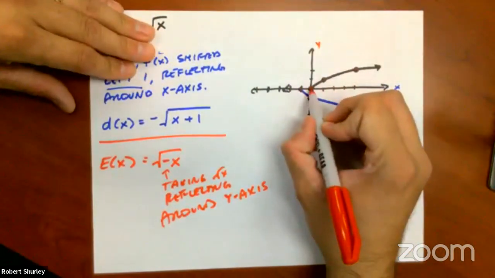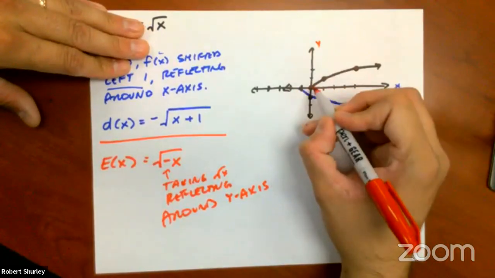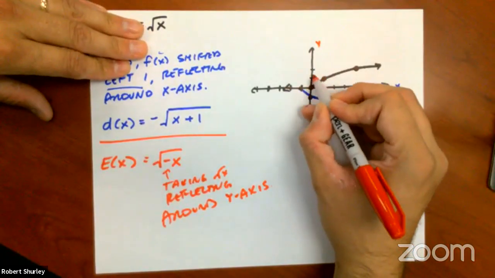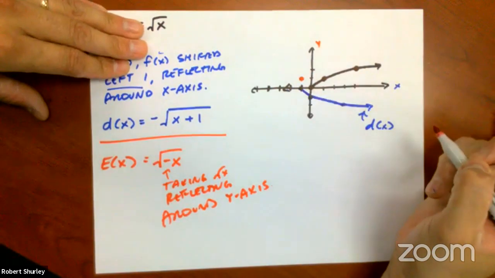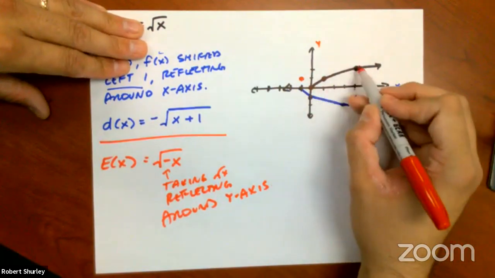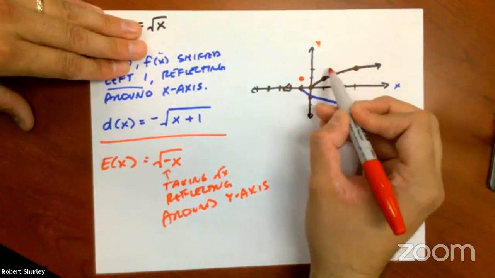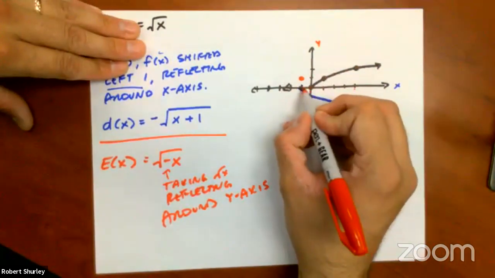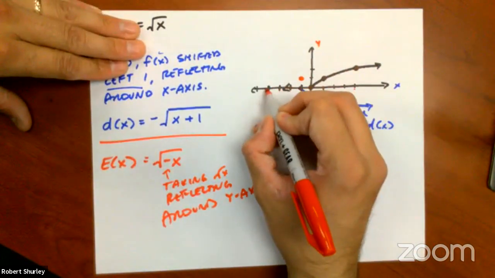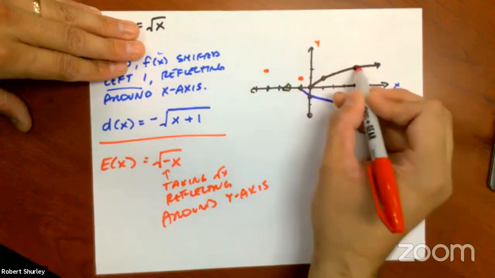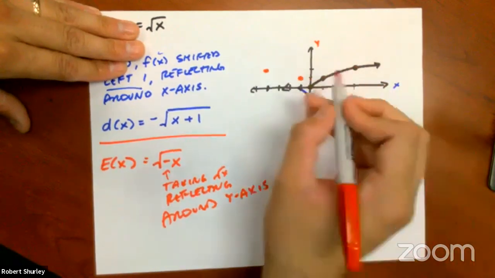So the origin stays the same, right? The 1, 1 turns into negative 1, 1, right there. And the 4, 2, well, it's going to stay the same height, but then we're going to go to negative 4, 1, 2, 3, 4, up 2. So right there. So this coordinate transformed to here.